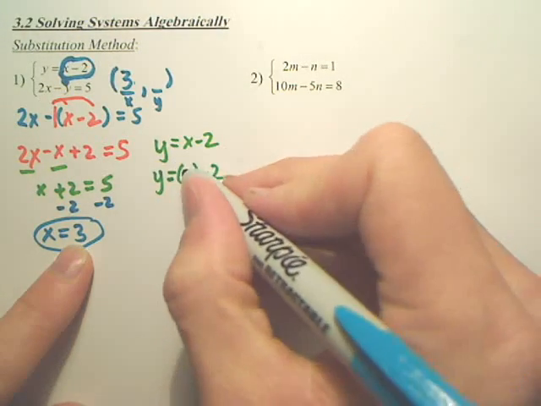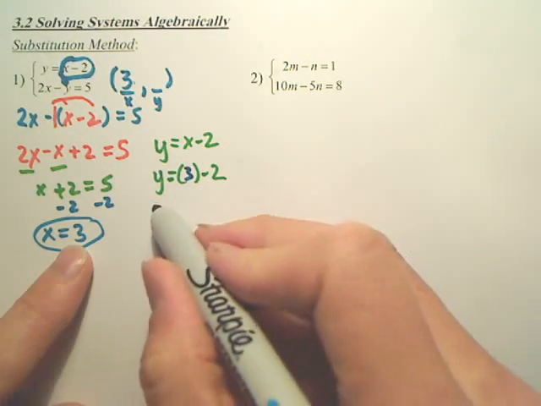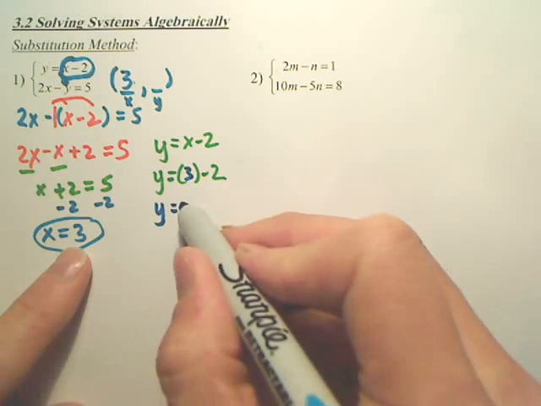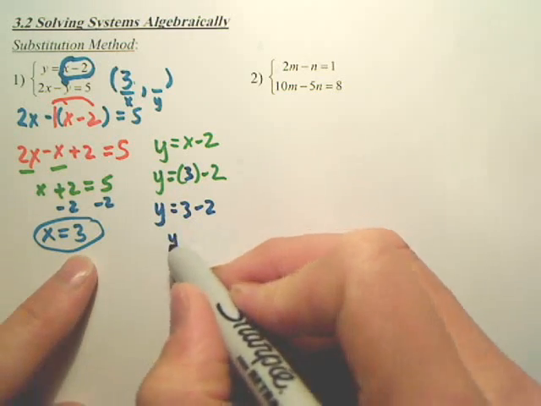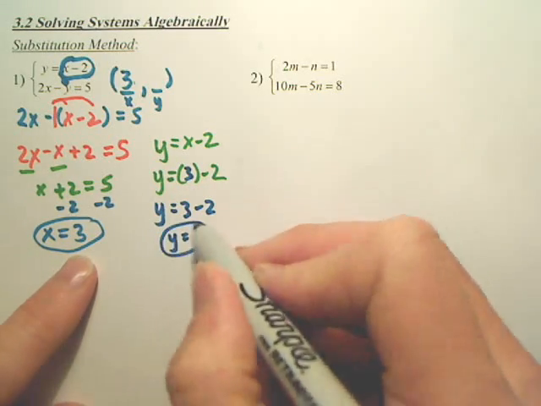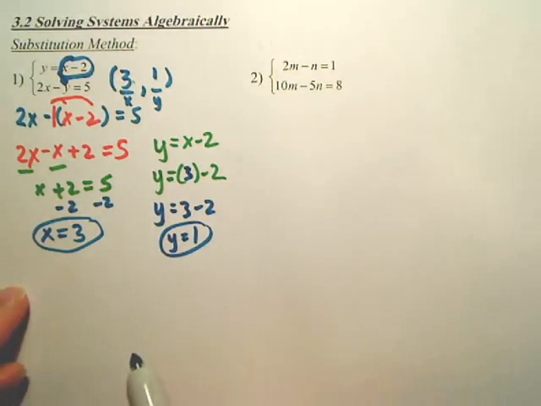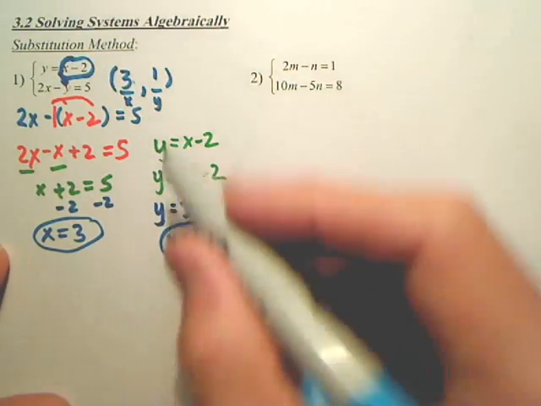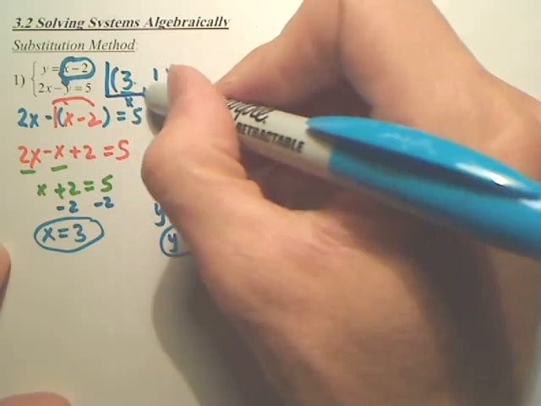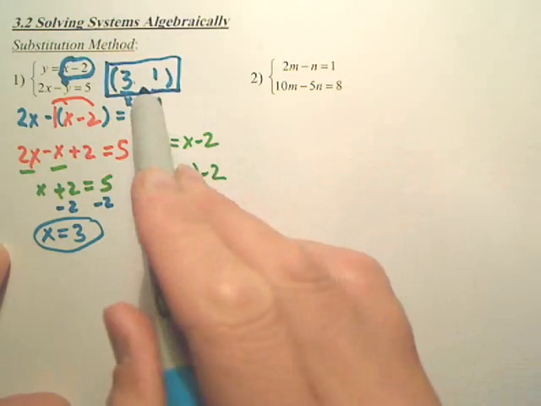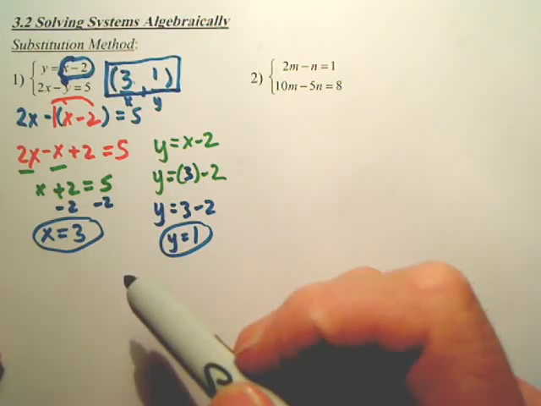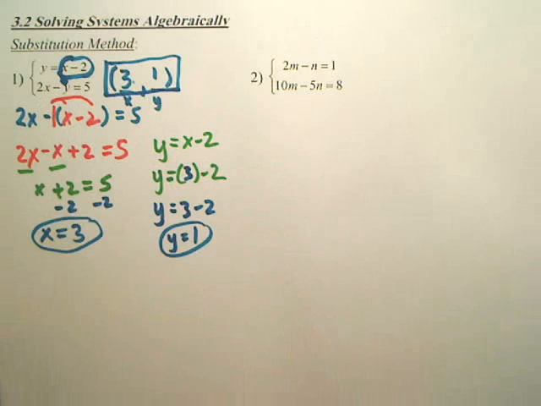X was 3. So y equals 3 minus 2, so y is 1. So what this means, 3, 1, this coordinate, 3, 1, is where these two graphs would cross. Okay.